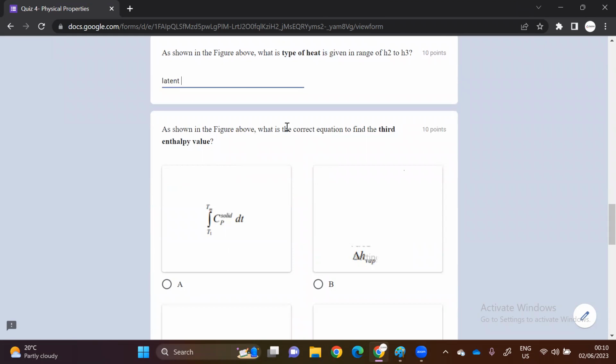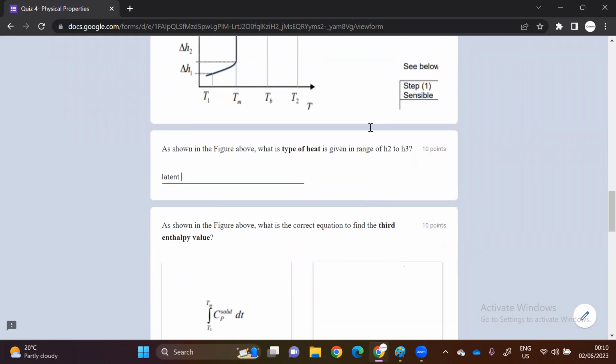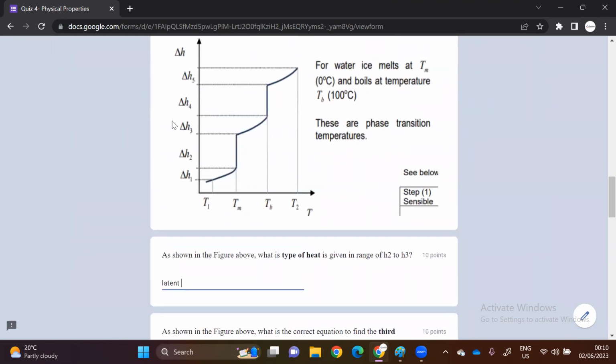As shown in the figure above, what is the correct equation to find the third enthalpy value? The third enthalpy value is here, right? And we said that the temperature change will be sensible heat. So in order to find the sensible heat difference, we use the integrated form of Cp, the heating value, from T1 to T2, where the lower limit is Tm, T melting, and the upper limit is Tb, boiling. Let's see where we have this type of equation in the question.